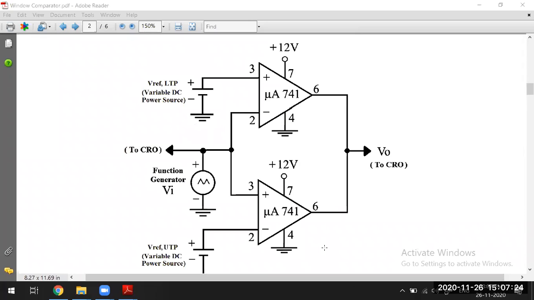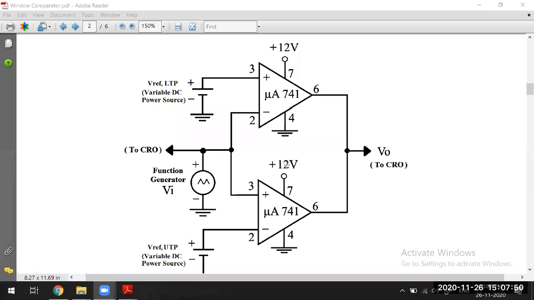Whenever you see the output waveform of an op amp, if you check the output voltage, it will have some number. What is the maximum voltage it can give at the output? It is this saturation voltage. The maximum it can give is plus 12 volts.